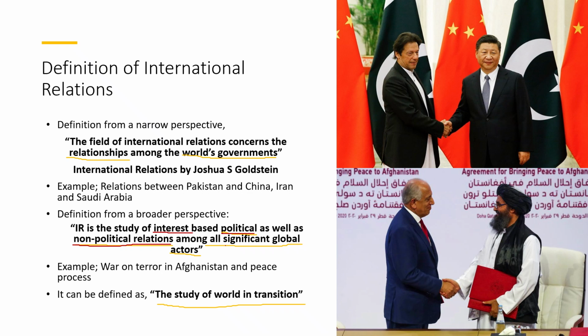And then significant global actors. IR is the study of interest-based political as well as non-political relations among all significant global actors. We should define significant global actors, we should define interest, we should define political and non-political relations to make an even better understanding of this definition.